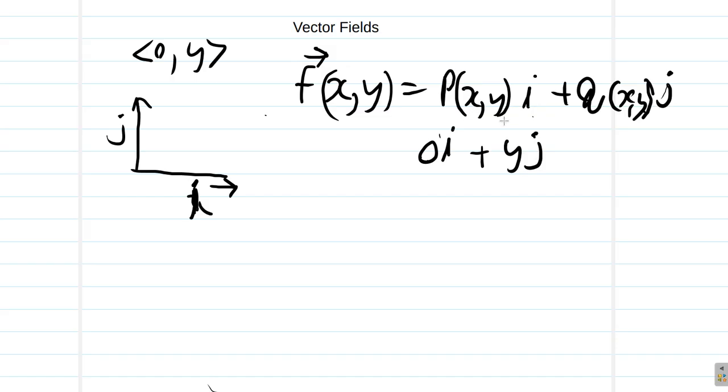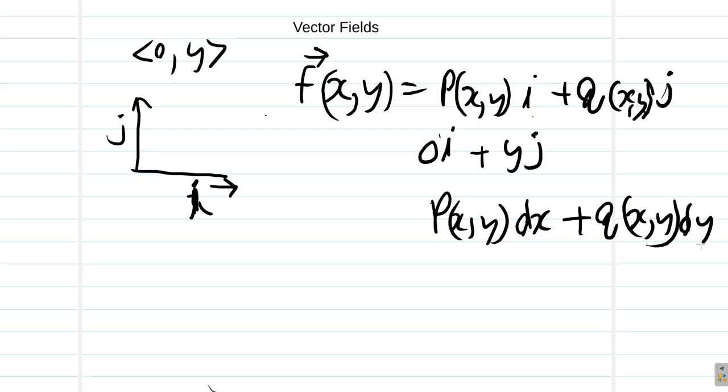Now, remember that you have different ways you can write vectors. One of the ways we are going to be writing vectors when we do line integrals is in the form p of x, y. Remember, p and q are functions, right? P of x and y dx plus q of x and y dy, where dx is a change in the x direction, similar to i.